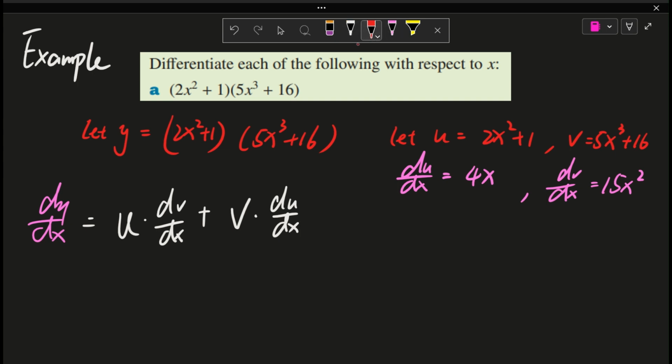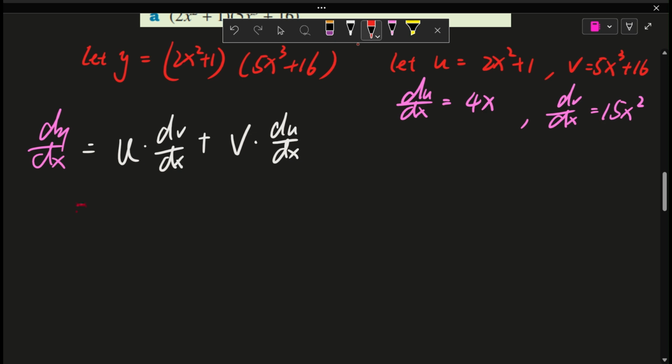And next, let's start with u equal to 2x squared plus 1, and dv/dx is 15x squared, plus v, which is 5x cubed plus 16, times 4x.